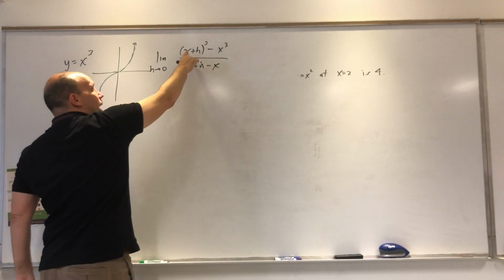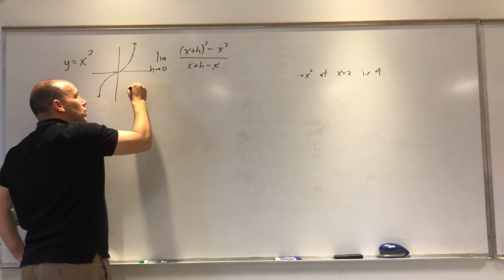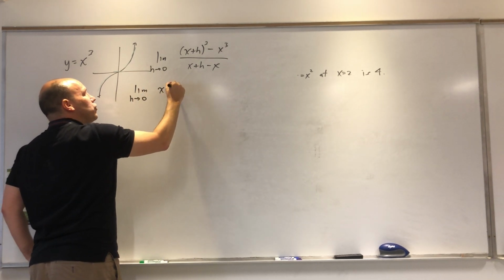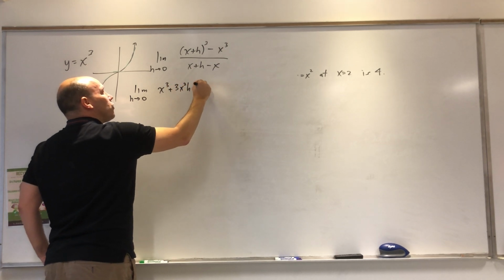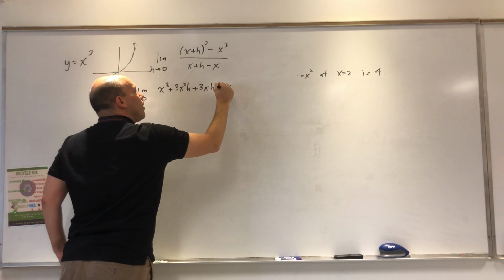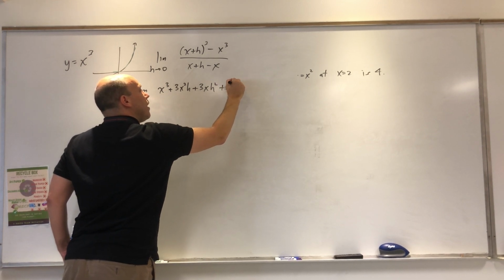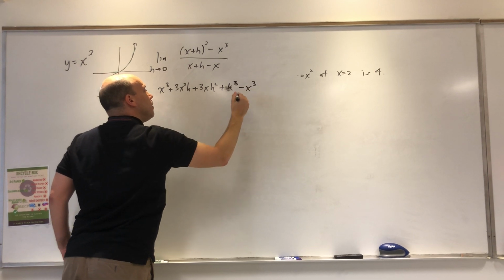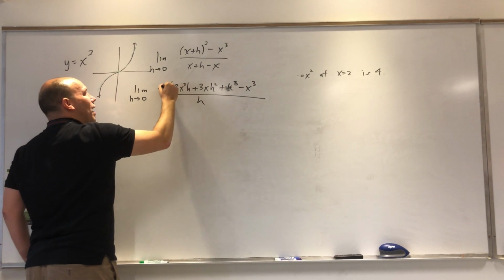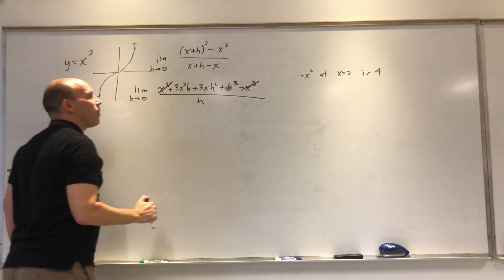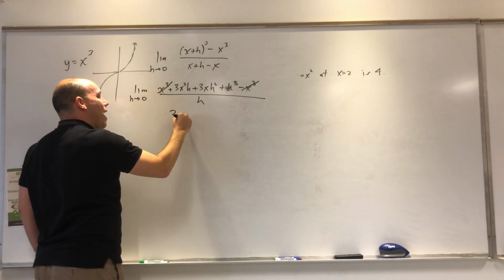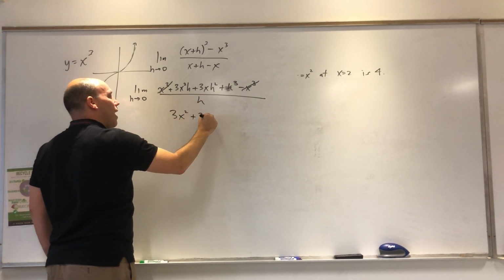Okay? (x plus h) cubed, we know, so it's the limit as h goes to 0 of x cubed plus 3x squared h plus 3xh squared plus h cubed minus x cubed, all over h. Let's just simplify this. Well, x cubed goes out with x cubed. So I can cancel out the h's, so I have 3x squared plus 3xh plus h squared.